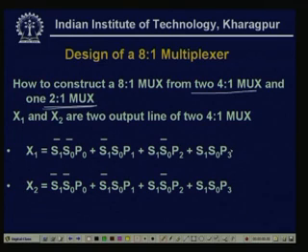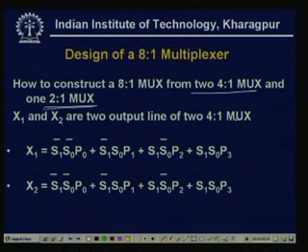How do I know how many multiplexer modules will be needed? An 8-to-1 multiplexer means there are 8 input lines, and a 4-to-1 multiplexer has 4 input lines. So, at least 2 multiplexers are needed to apply my inputs. So, I have got two 4-to-1 multiplexers.